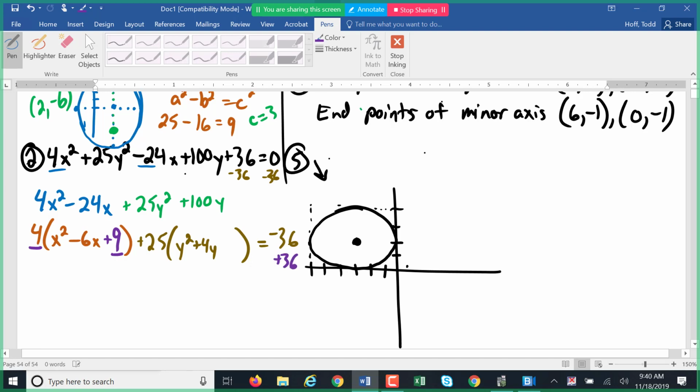So I have to add 36 to the far right side as well. For the y's, this is a 4 here. So I divide that by 2 to get 2. And then I do 2 squared, which is 4. So I have to add a 4 in there. But what I added was 4 times 25, which is 100.